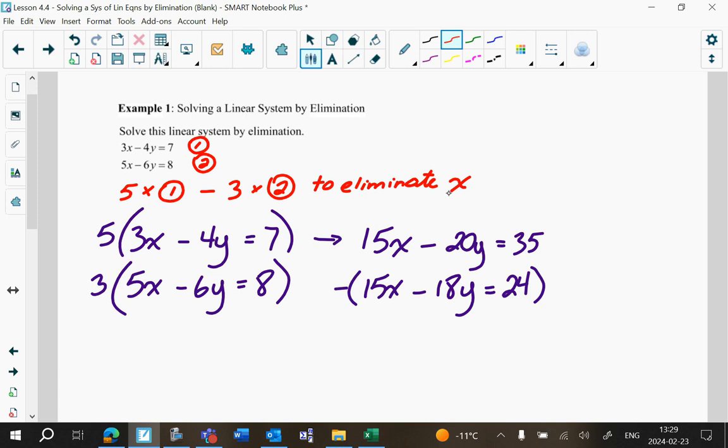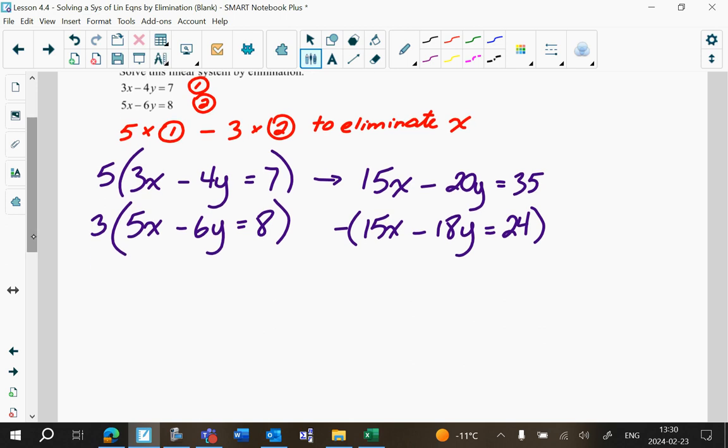You don't have to necessarily write that, but a lot of students find it handy to write something like this before they do it, just so that they're keeping organized. Because in algebra there are just so many steps involved, it's good to be organized.